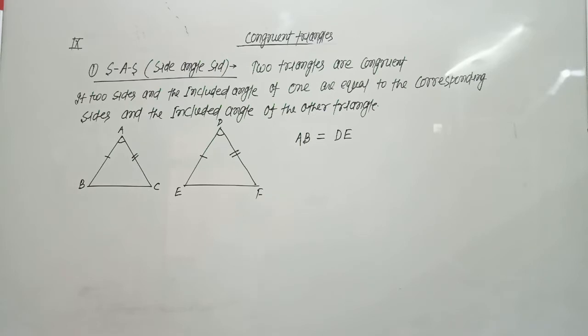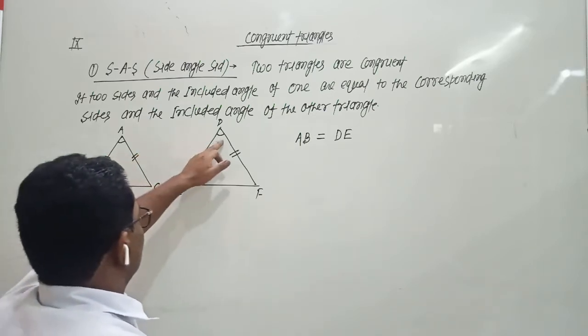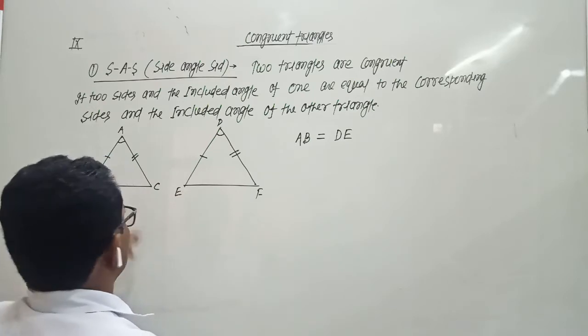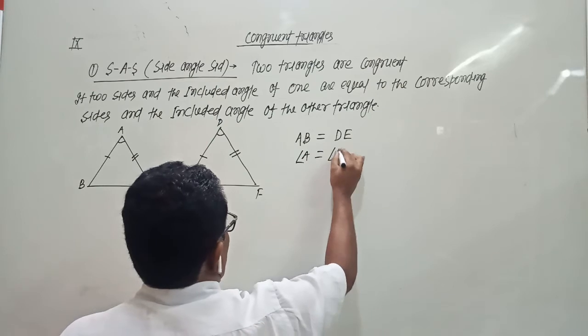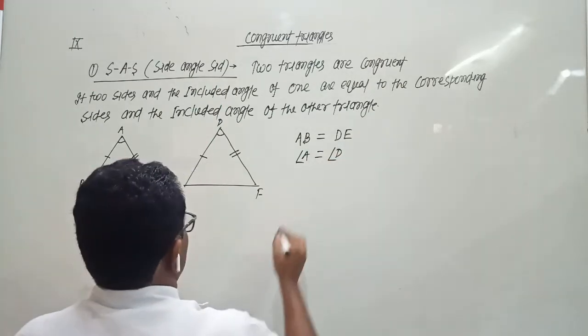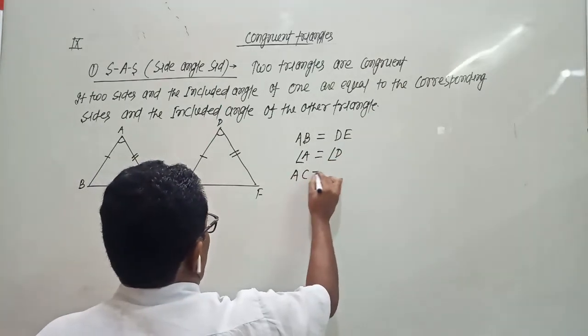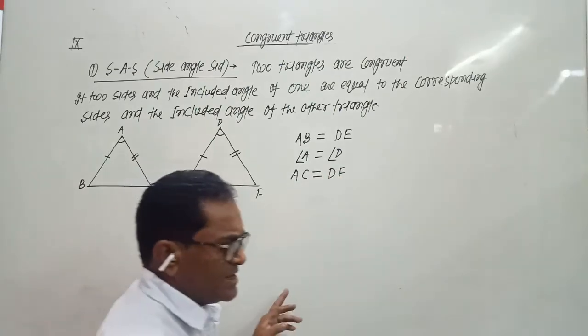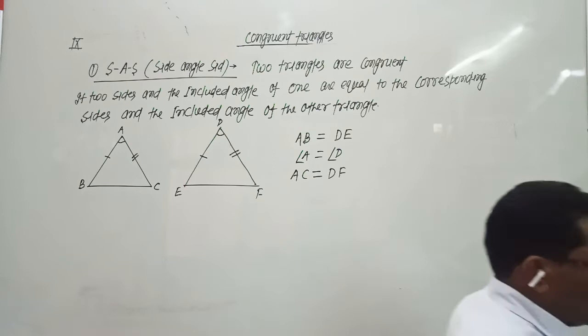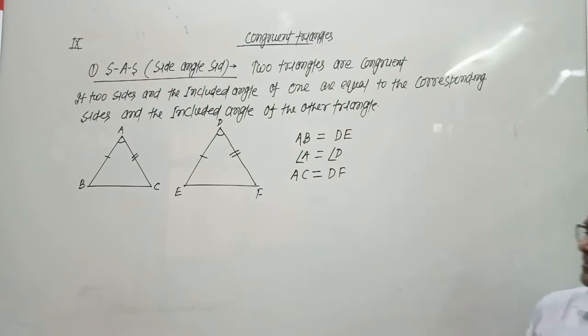AB and DE are the corresponding sides. Angle A and angle D are the corresponding angles. AC and DF are also the corresponding sides.